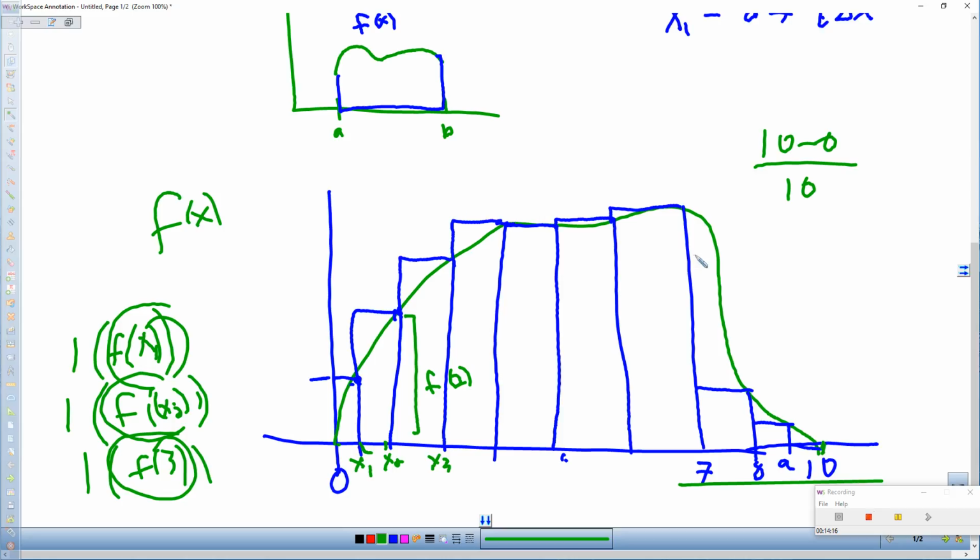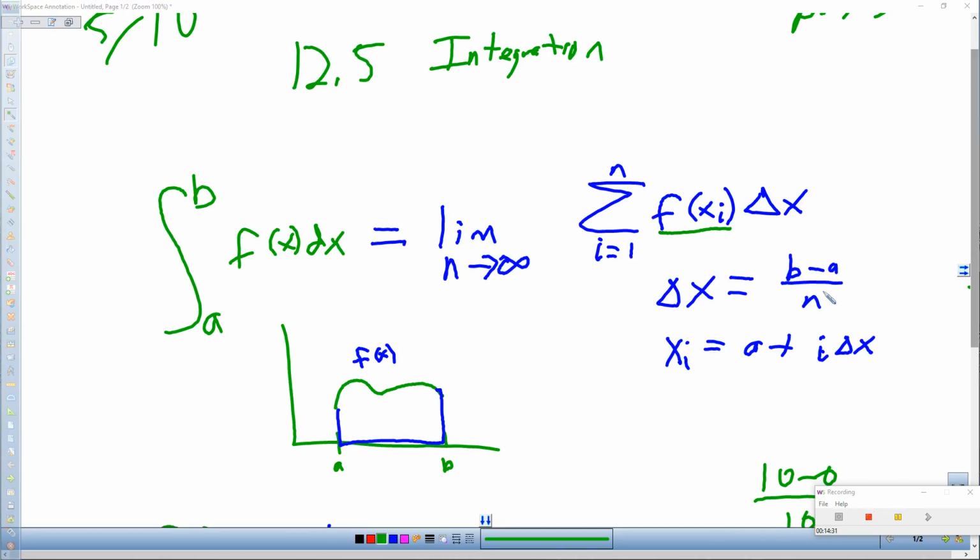So if we had 20 rectangles, it would be 10 minus 0 divided by 20, and each rectangle would be how wide? 1/2. So in general, we're saying the end minus the beginning tells us how wide it is, divided by how many rectangles we're doing. And that should tell us the width of each rectangle.